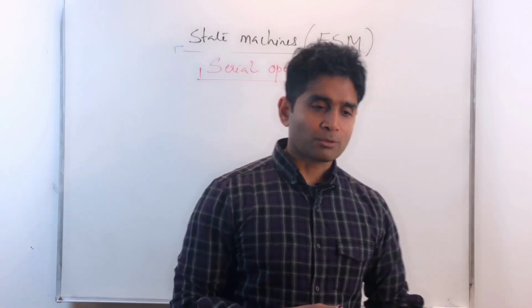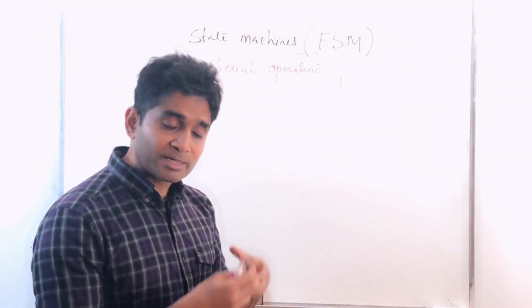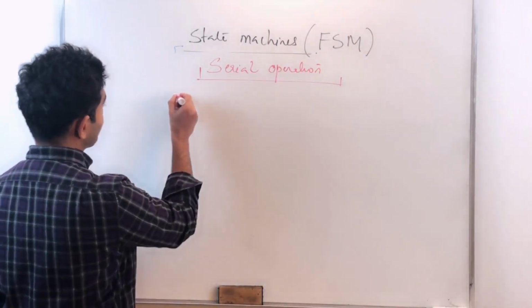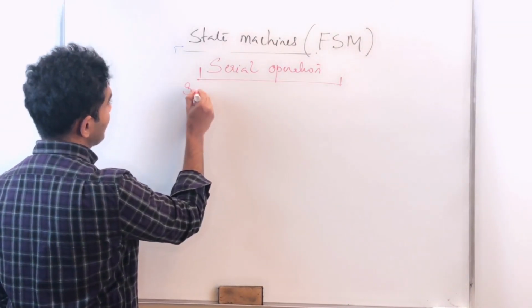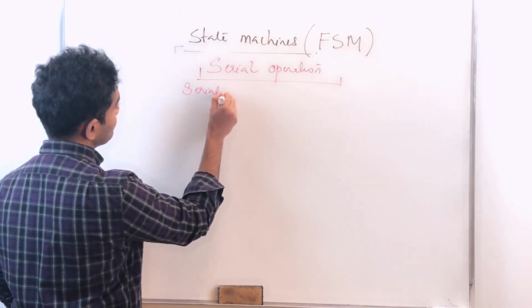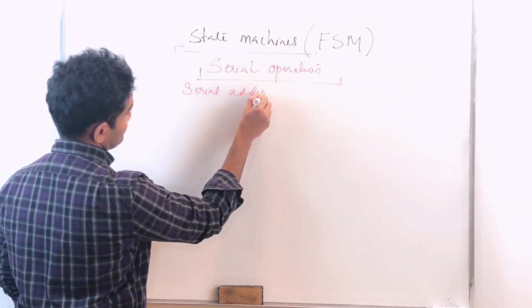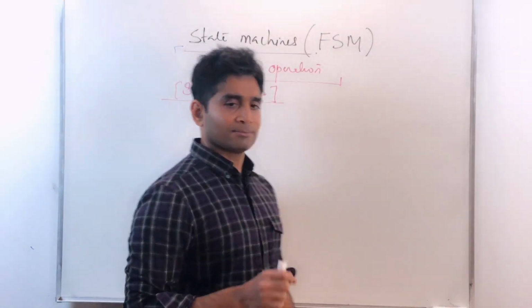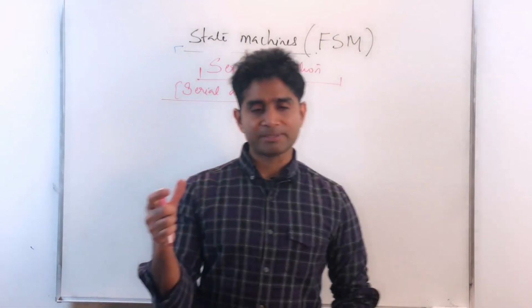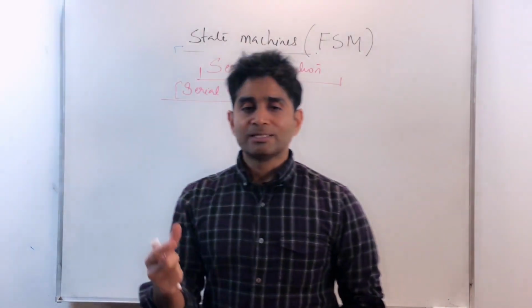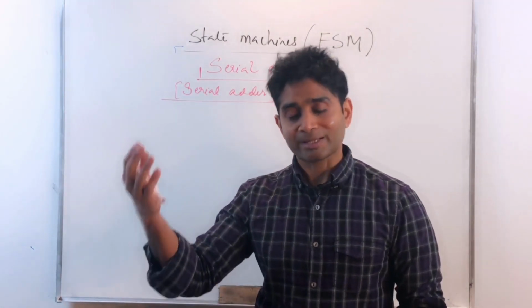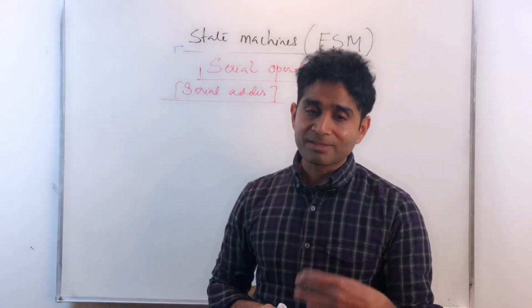Let's say you want to design a serial adder. The advantage of a serial adder is that you can have a single bit adder, and I can use that to add n bits together in a serial fashion. Of course, I cannot do it in parallel, but I can do it in a serial fashion.